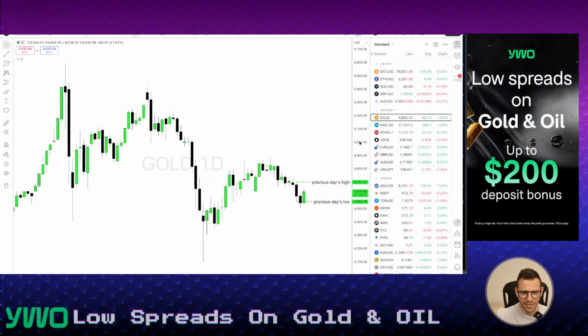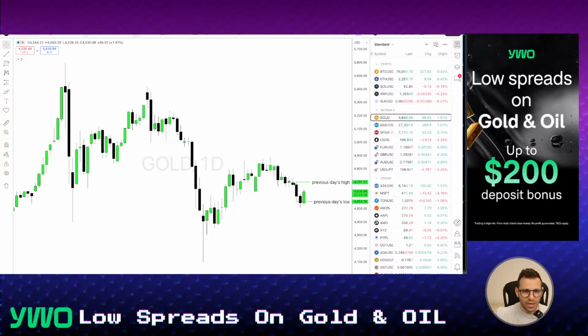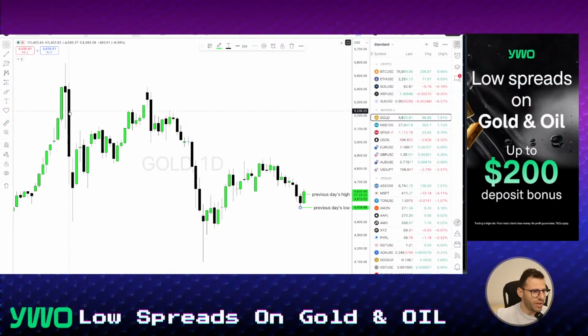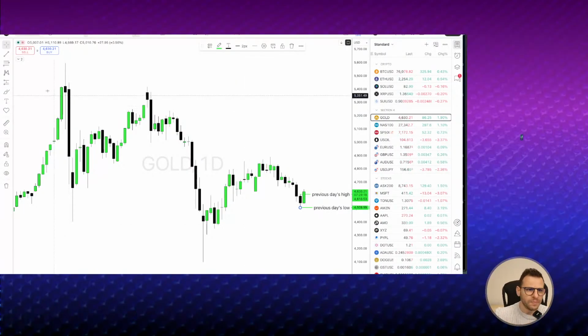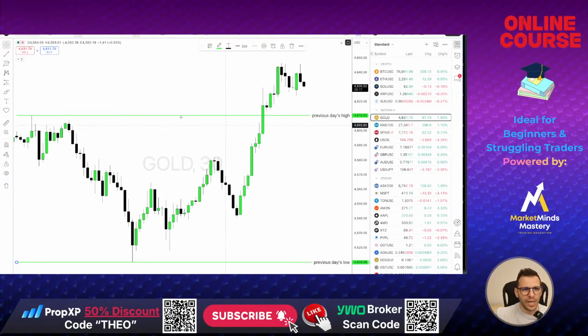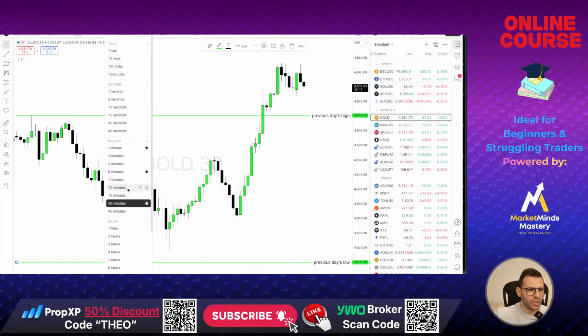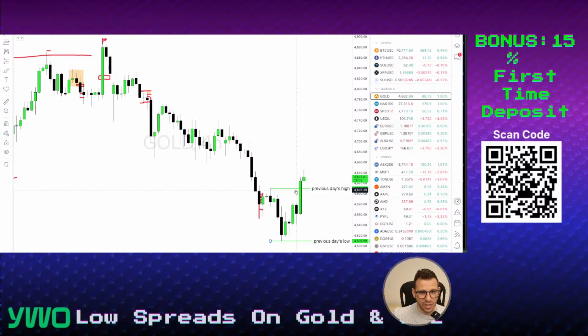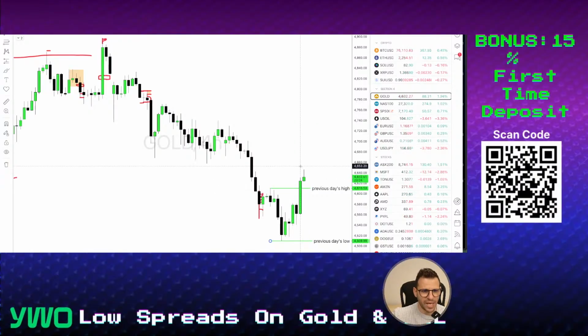So on the gold, previous day's high is here, previous day's low is down there. And on the 4-hour chart, actually, we see that the market broke above the previous day's high and closes a strong candlestick.